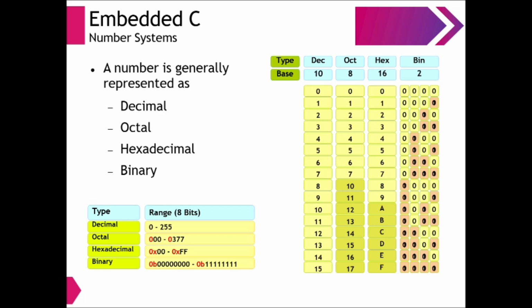The decimal range is 0 to 255, and octal is 000 to 0377, and hexadecimal and binary as follows. Here see the type and base: decimal has 10, octal has 8, hexadecimal has 16, binary has 2. These are the tables for the binary values.